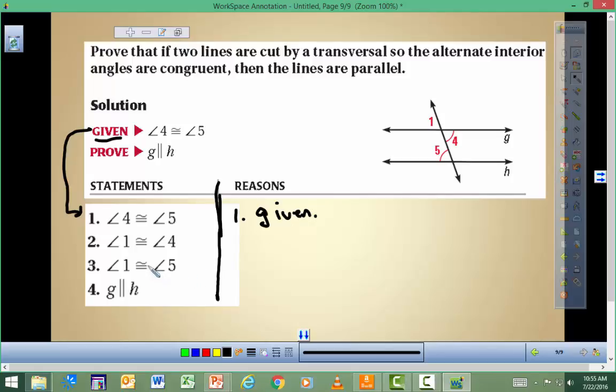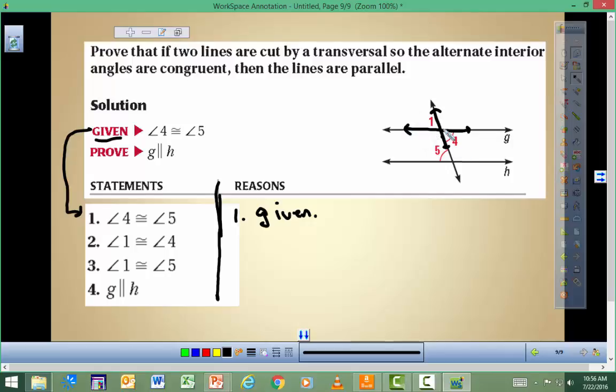Okay, so now we want to say that angles 1 and 4 are congruent. Well, remember, there's two lines that crisscross right here. And when two lines crisscross, you're always going to get vertical angles in there.